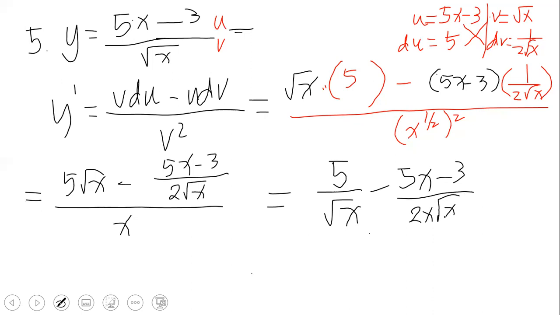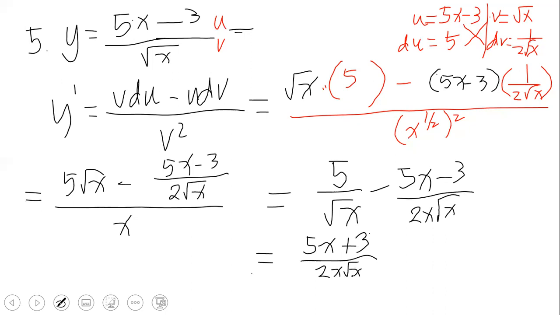Then you can also rewrite of the following, since this is already a common term, no? You have already 5x plus 3 over 2x square root of x.